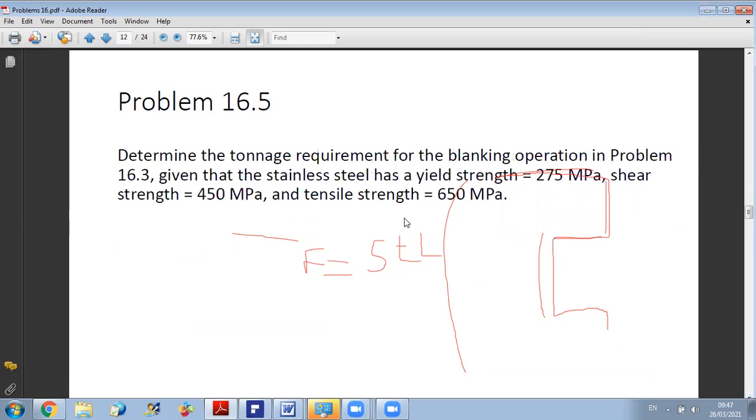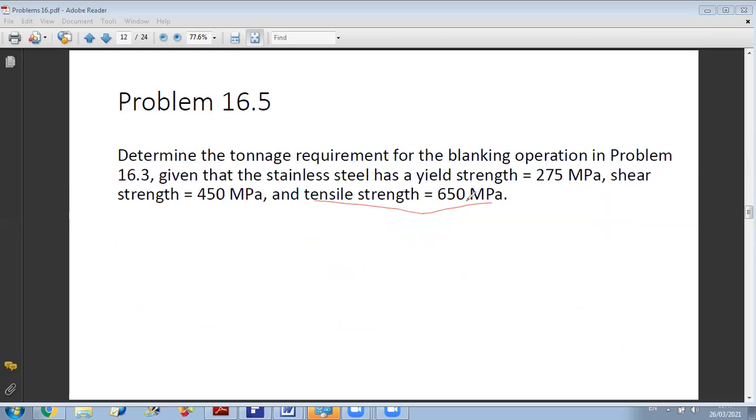If you compare, 0.7 times the tensile strength of 650 will not give you exactly the value of 450. Because this is an approximation, since the shear strength is given, I will directly use the shear strength.